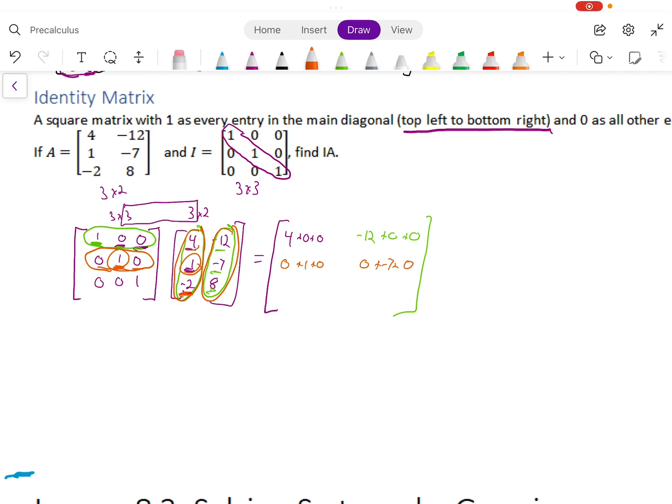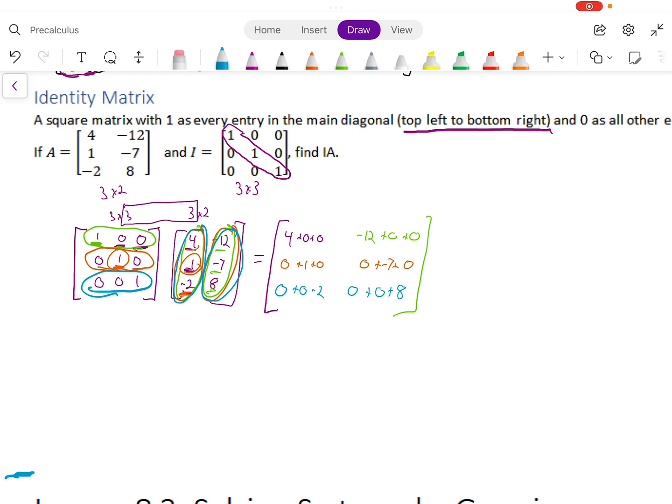And then last one, we have 0, 0, 1. Well, 0 times 4 is 0. 0 times 1 is 0. And 1 times negative 2 is negative 2. And the last multiplication, 0 times negative 12 is 0. 0 times negative 7 is 0. And 1 times 8 is 8.